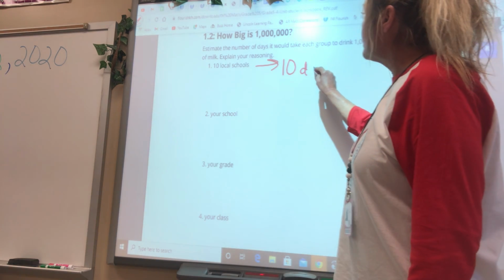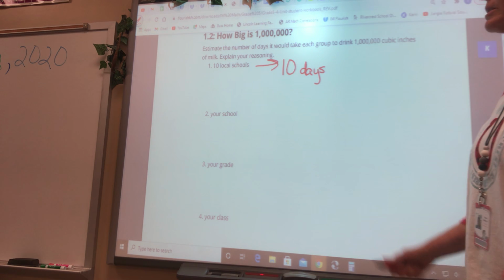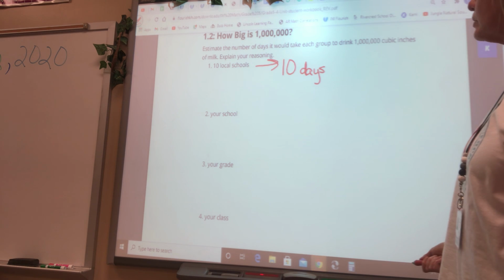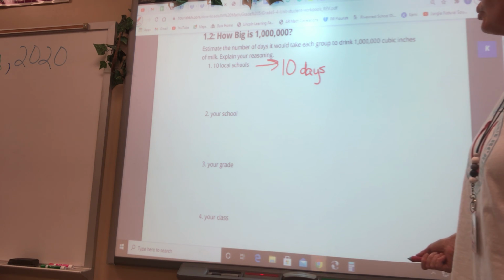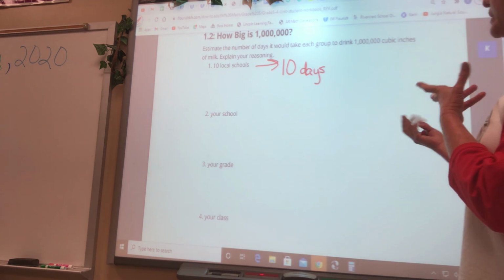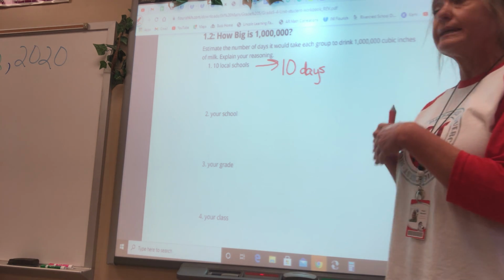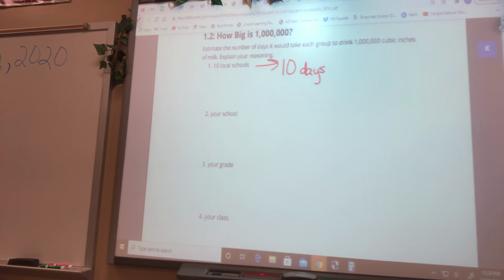So we're saying that it would take 10 schools, an estimate, or about 10 days to drink 1 million. And we could go backwards and multiply in that, because we did 100 divided by 10, because it said that each school could do about 100,000 per day.